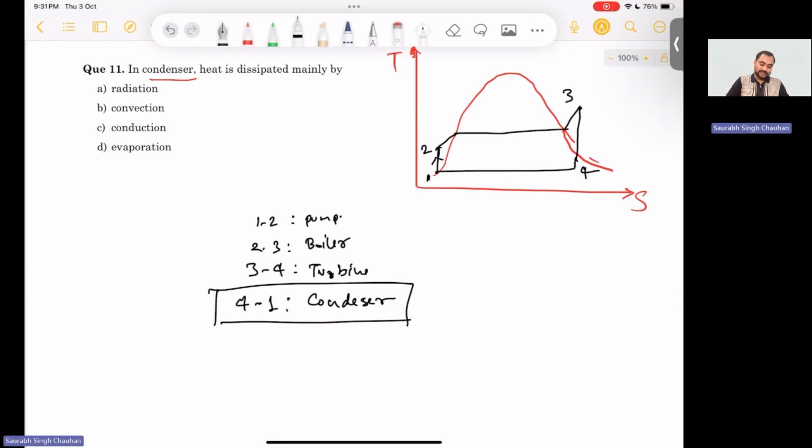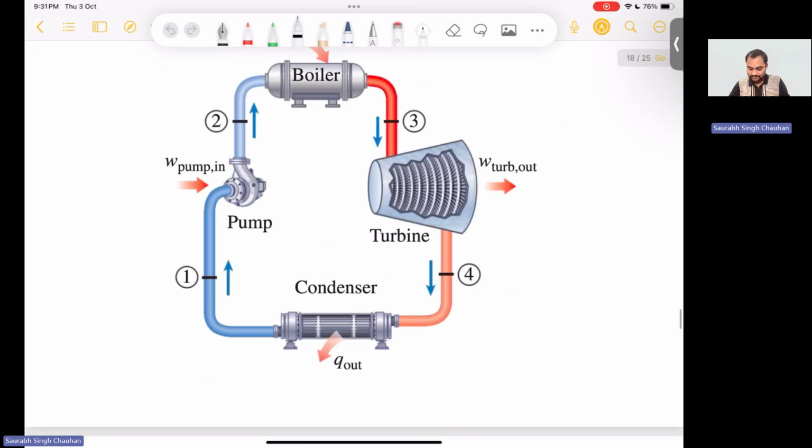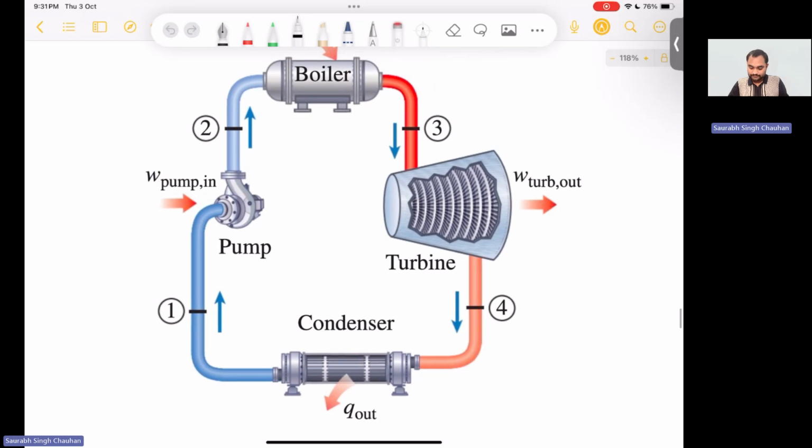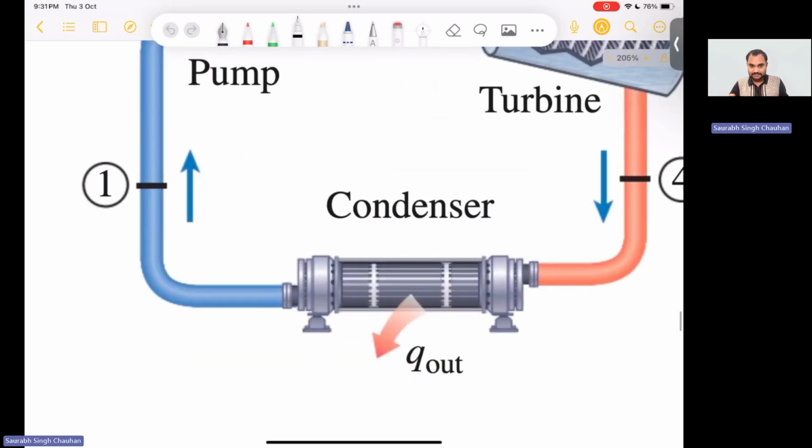The correct option here is convection. So the condenser is some sort of heat exchanger, and some cold water goes in to condense the steam which is coming out from the turbine. I will show you the diagram. Here is the steam power plant, and here is the condenser.